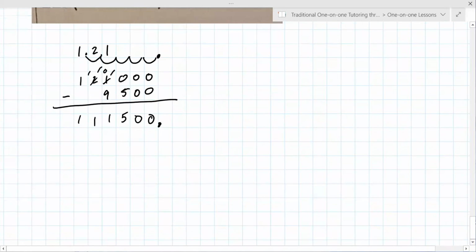You've got to be really attentive here to exactly how many times you're moving the decimal point. It's 10 to what power?